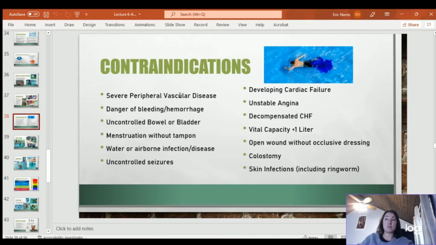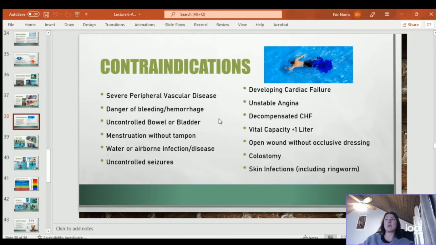Contraindication: if they have severe peripheral vascular disease, if they have danger of bleeding or hemorrhaging, if they have an uncontrolled bowel or bladder, if they have menstruation and they don't have a tampon in, if they have a waterborne or an airborne infection or disease that could spread, if they have uncontrolled seizures, if they are developing cardiac failure, unstable angina, decompensated congestive heart failure, vital capacity less than a liter, open wounds without a dressing over them, colostomy bag, or skin infections like ringworm that could spread through the water.